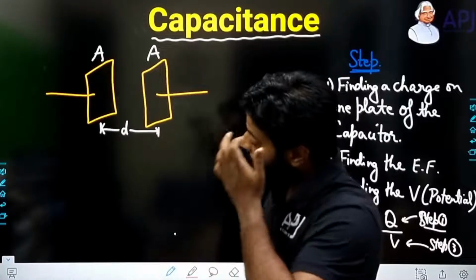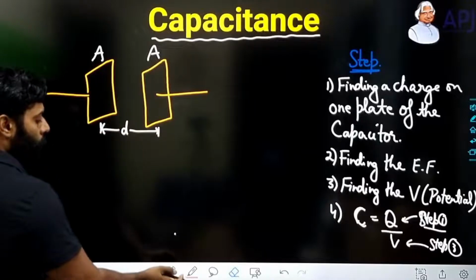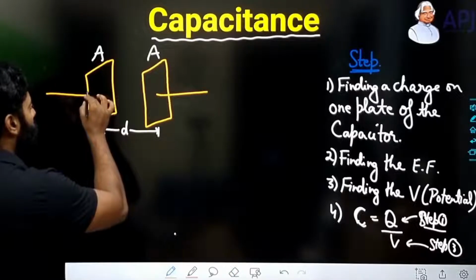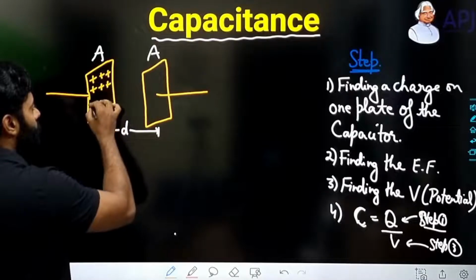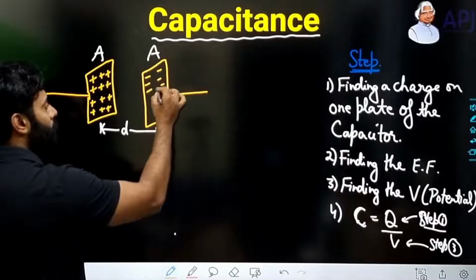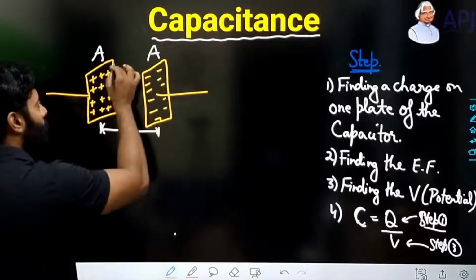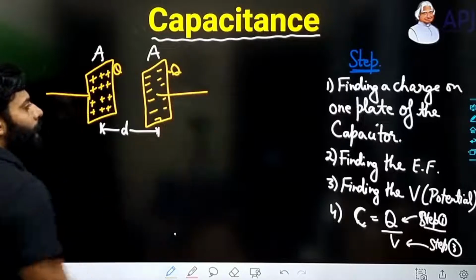Now I know the charges on the plate. The first thing I have to find out is the charges on the plate, and I assume that this plate is positively charged and this plate is negatively charged. Then this charge will be plus Q, this charge will be minus Q, right?